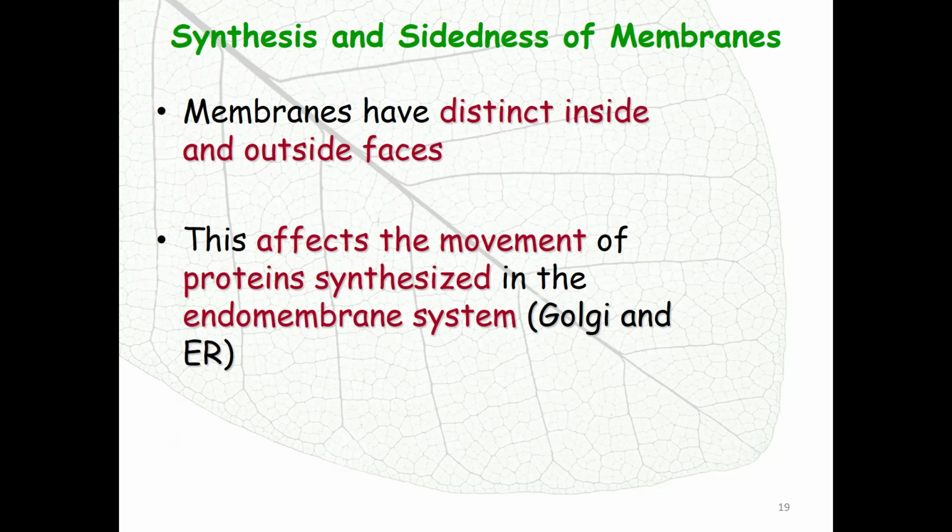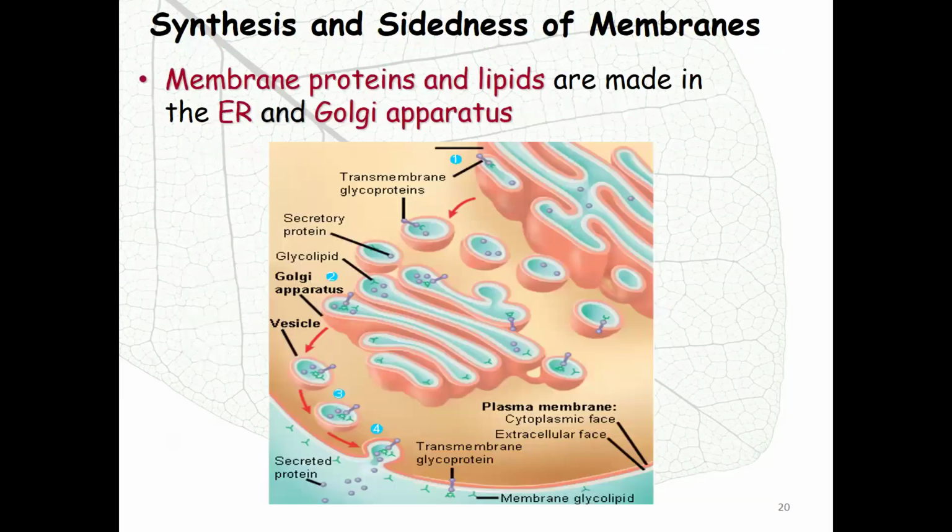You know that proteins are basically synthesized in the ribosome, but they are connected to the endoplasmic reticulum and Golgi, because Golgi is a packaging unit to transport the newly synthesized protein. And endoplasmic reticulum is the site for locating the ribosome. Here, synthesis and sidedness of the membrane protein.